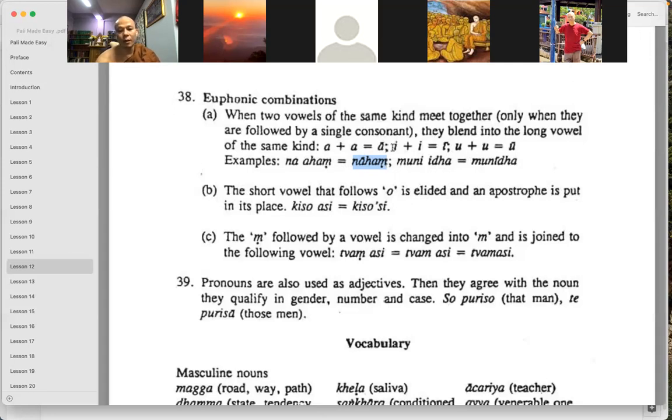In the same way, the first word is ending in the I and the second word is starting with the I. So two short vowels I can be replaced by the one long vowel I. Here muni is ending in the I, ida is starting with the I, so muni and ida can be combined as munida, you see?